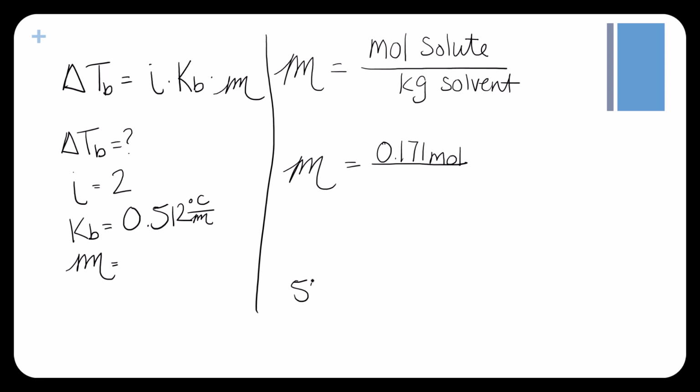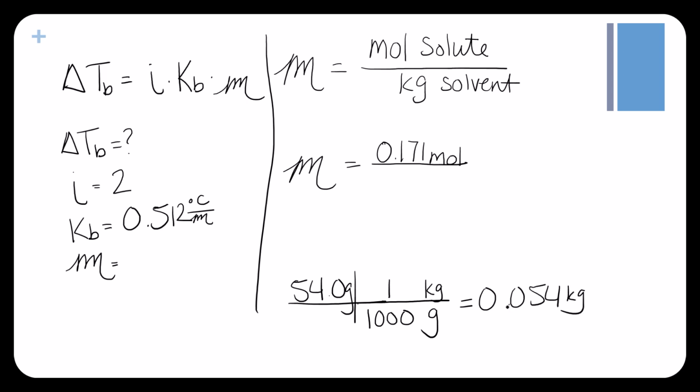So we've got 54 grams on bottom, kilograms on top. And in 1 kilogram, there's 1,000 grams. If you can do this in your head, that's absolutely fine. I just wanted to show you the math behind it. Moving that decimal place over 3, we get 0.054 kilograms.